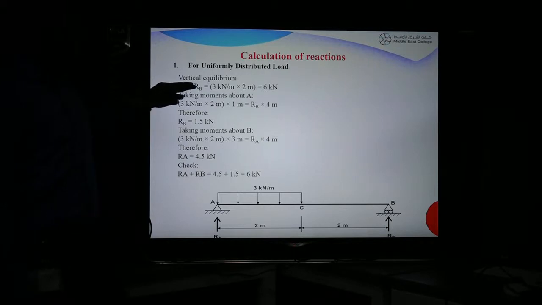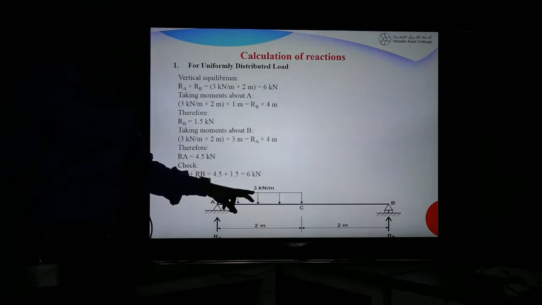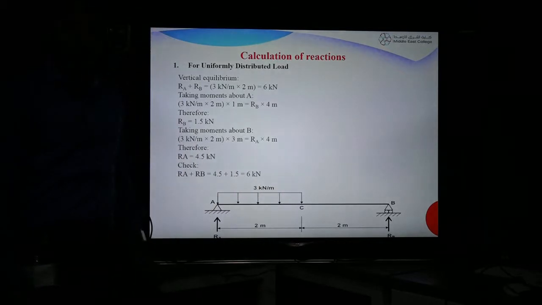So RA plus RB is equal to, so we want to know RA plus RB. At a point load we have taken only force into distance, but here, how can you take this force? Generally the load acting here is 3 kilonewton per meter.